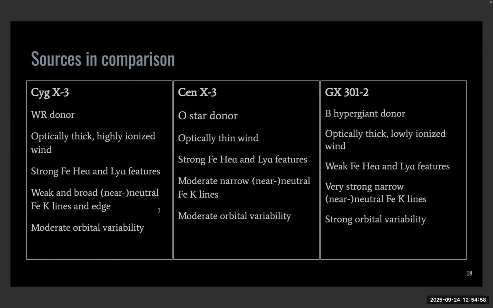So let's talk about reflection modeling. I'm not really an expert on reflection modeling. So we see a broad iron line.